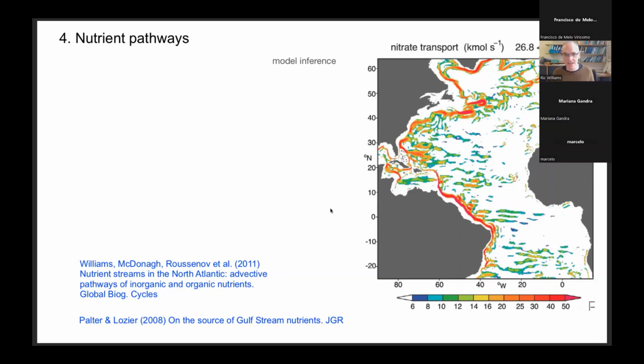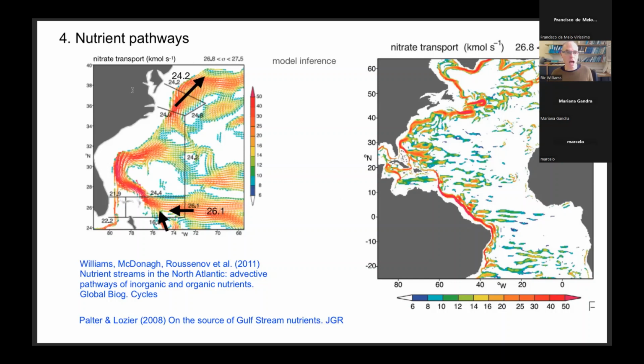We can look at this in more detail in the region where the Gulf Stream leaves the coast, and we can see there's all sorts of different pathways there, but crucially, high concentrations of nutrients, typically 26.1, are being fluxed in, and slightly lower concentrations are being fluxed out at the northern end.